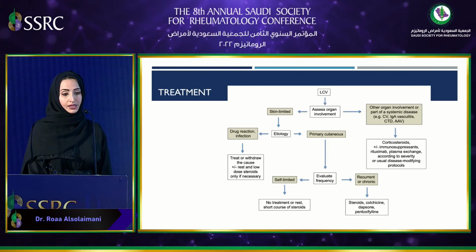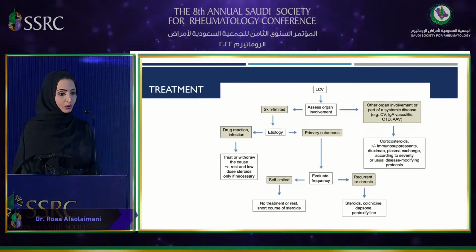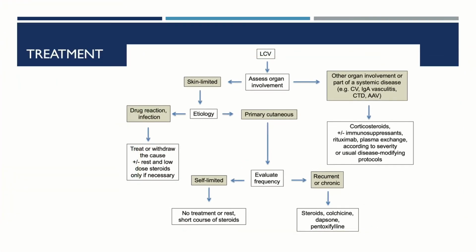So to treat leukocytoclastic vasculitis, you have to assess whether there is organ involvement or not. If you have a systemic vasculitis, then you will follow the treatment guideline of that disease. If it was skin limited, you have to eliminate probable etiologies such as infections or drugs. Otherwise, if you have an idiopathic primary cutaneous vasculitis, you have to assess the severity, if it was recurrent or chronic.